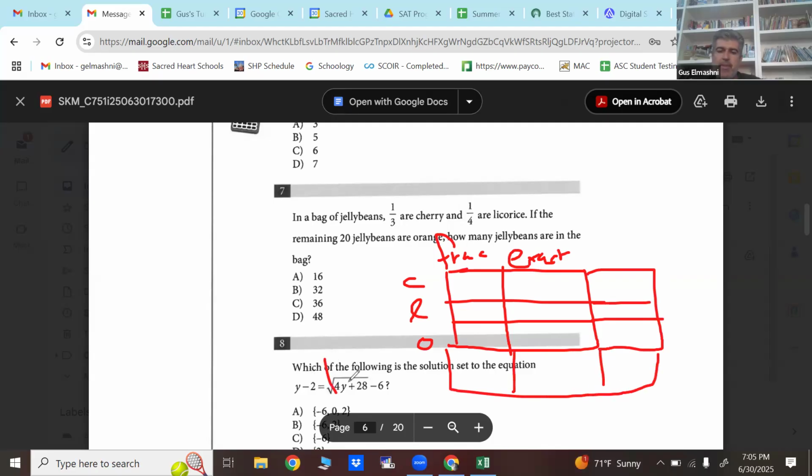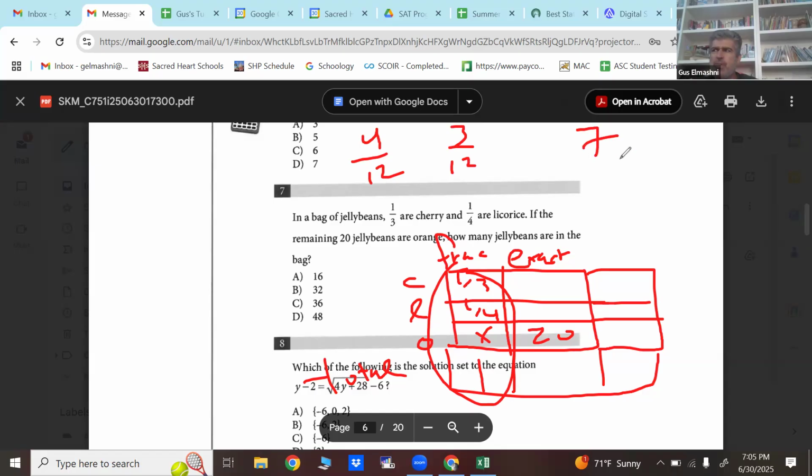The total, I should have put fractions and exact in the rows. But you figure, okay, I got 20 orange. That's 1/3. That's 1/4. I'll call this X. What do all the fractions have to add up to? 1, because this would be 100%. And you could solve for X if you wanted to. Once you do that, you could do the LCD as you said, right? Like 4/12, 3/12, and then do you do 7/12 for orange?